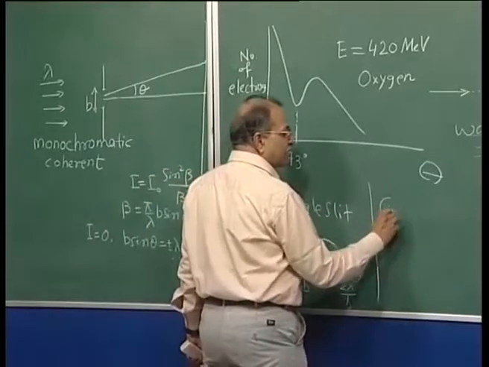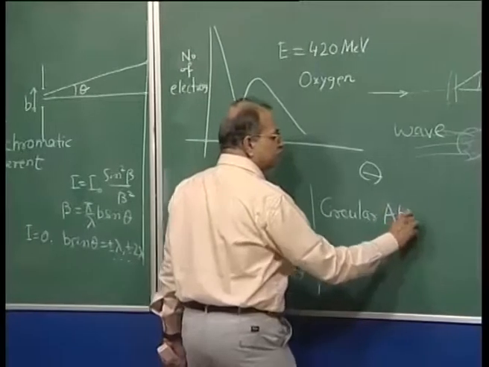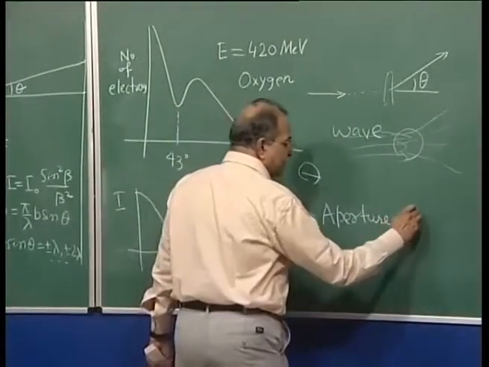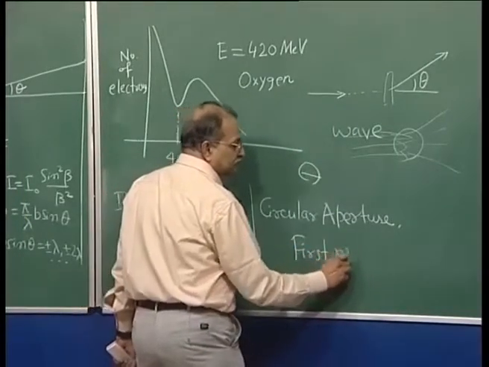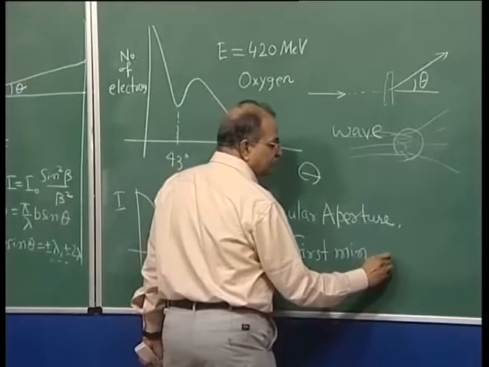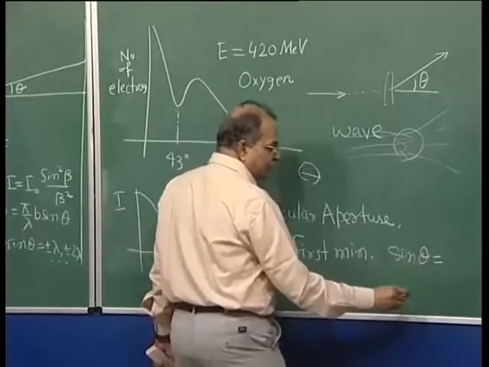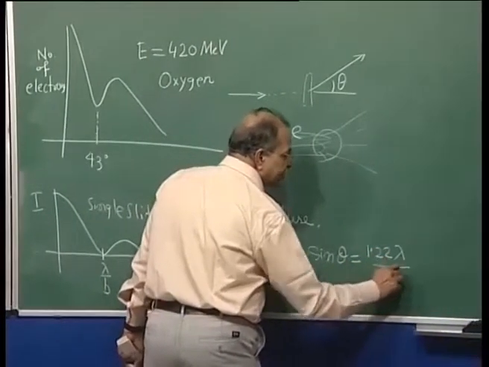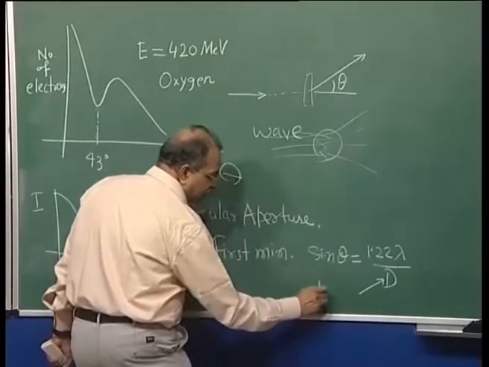For circular aperture, you have first minimum at theta, where sin theta is given by not lambda by d, but 1.22 lambda by d. This d is the diameter of the circular aperture.